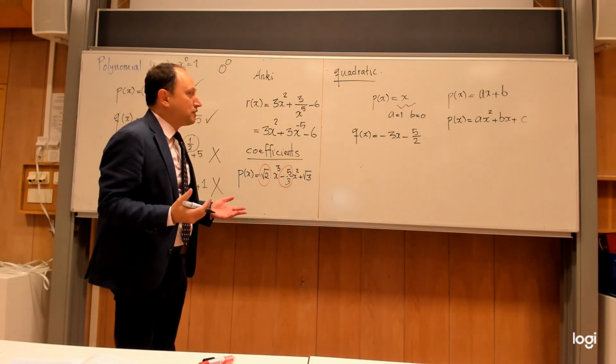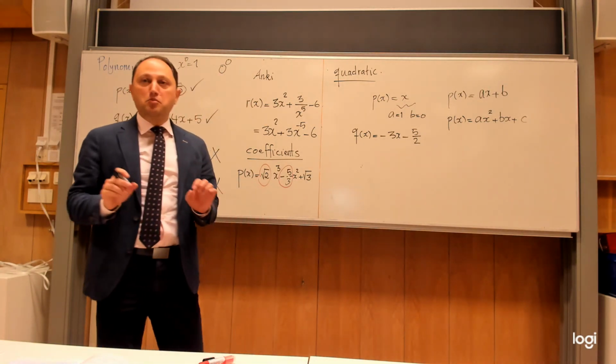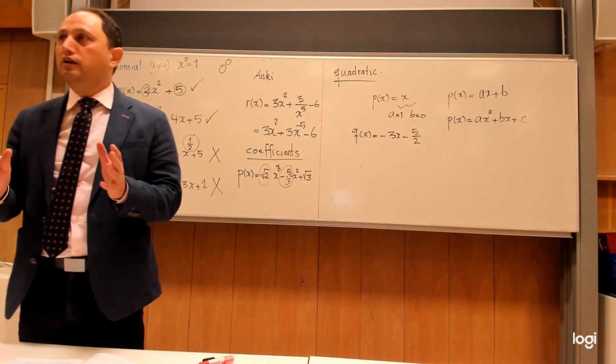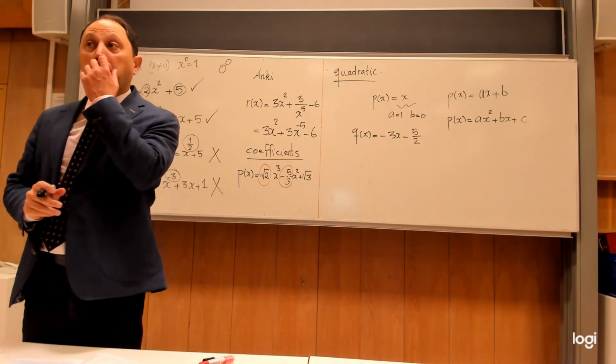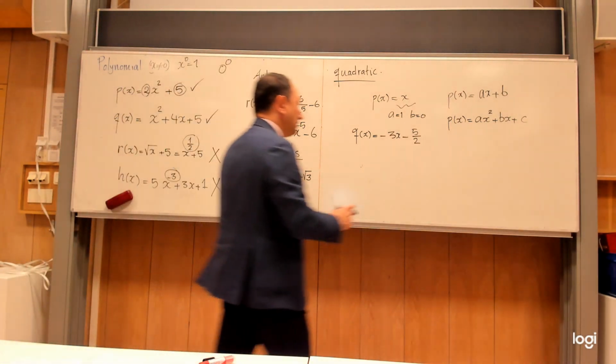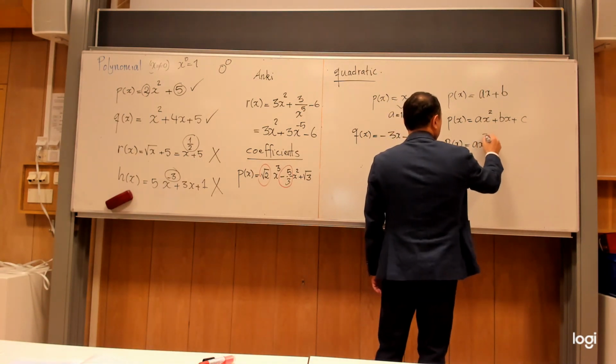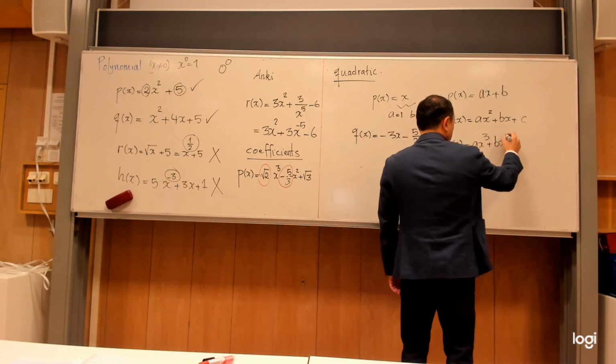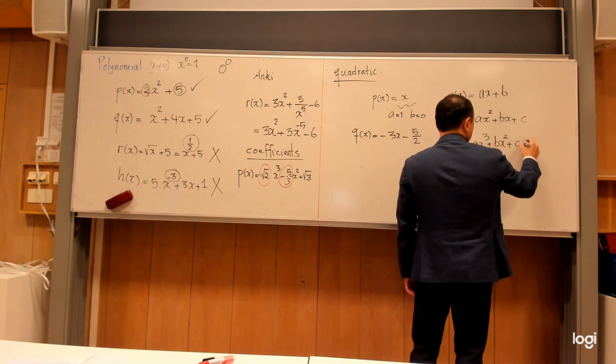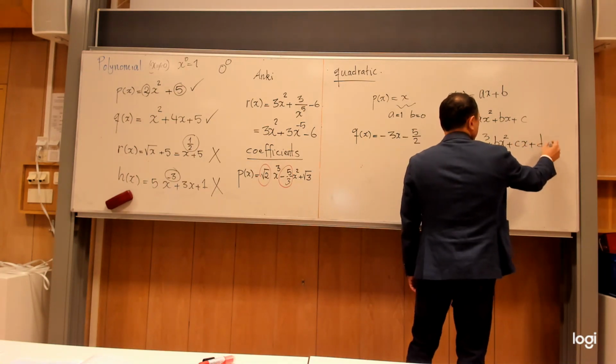Now you understand what's going on. If I ask you what is the most general form of a cubic polynomial, someone else. Yes, Hussein? Is it p of x equals ax cubed plus bx squared plus cx plus d? Exactly.